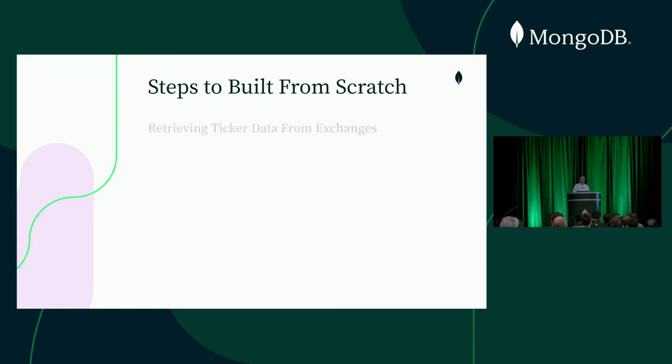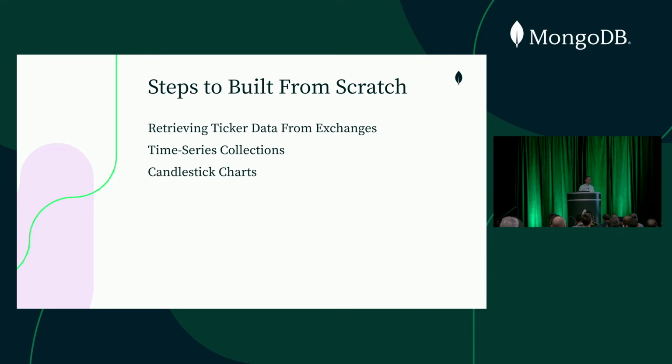So in this section, I will explain how I build this. First, I will explain how I retrieve data from the cryptocurrency exchanges. Then I'll explain how I use time series collections, and how I generate the candlestick charts.